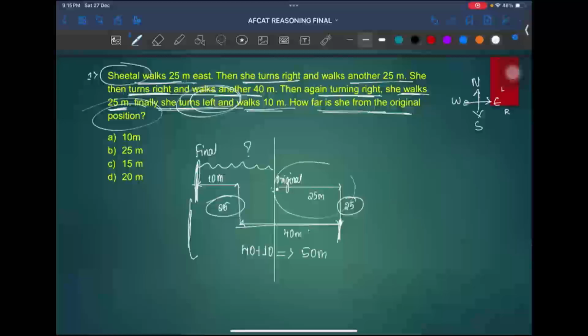If I remove this part from the complete distance, I'll get the distance of this part. So 50 minus 25 is equal to 25 meters. So option B will be the correct answer.